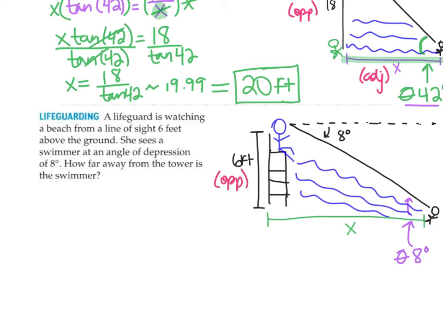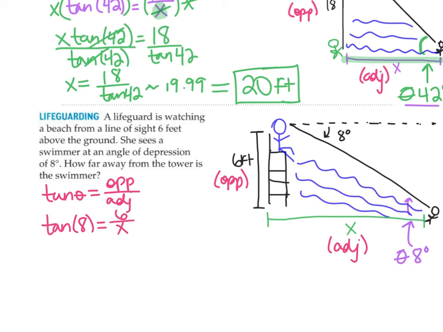So opposite. And then x is, again, adjacent. Opposite and adjacent is going to be tangent. So the tangent of theta is opposite over adjacent. We're going to plug in our values. 8 is our angle measurement, 6 over x. I need to solve for x.